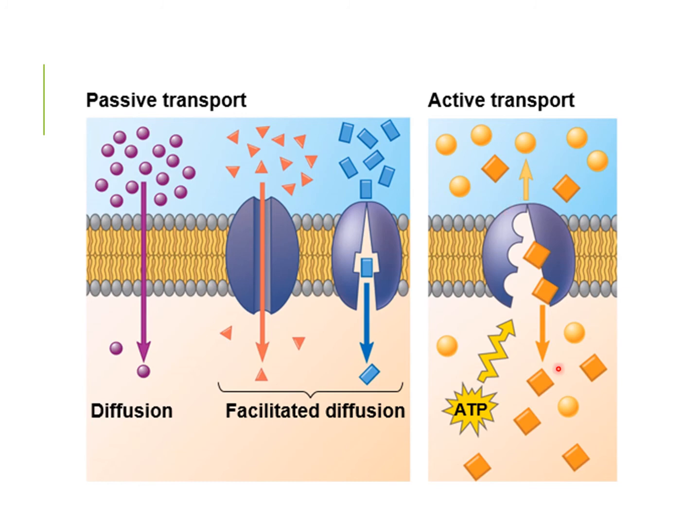And then active transport, this is a sodium-potassium pump right here, which we'll get into probably in a little bit. But ATP is that energy, and this requires energy to open and close this pump.